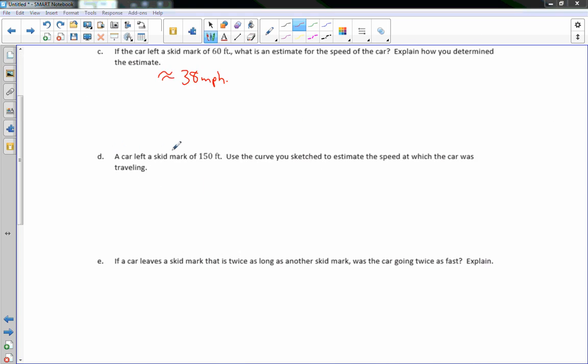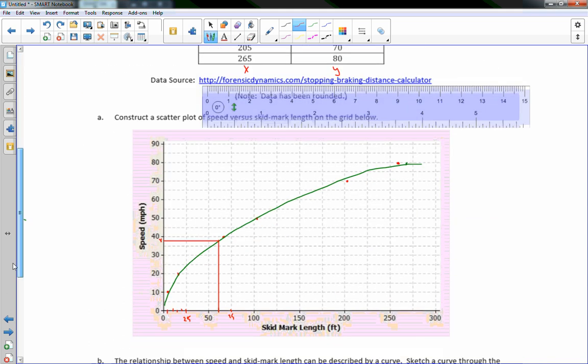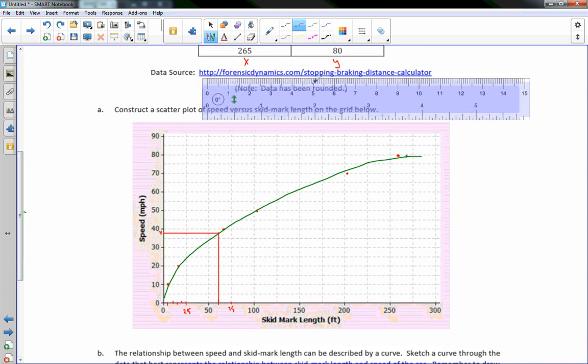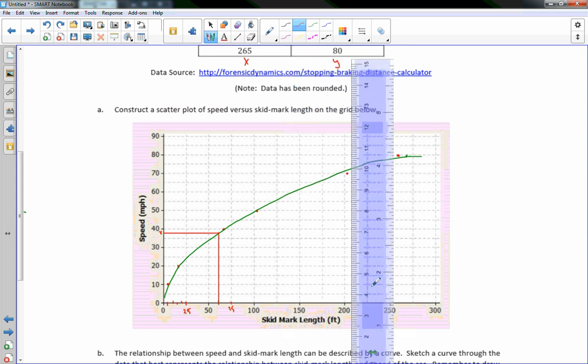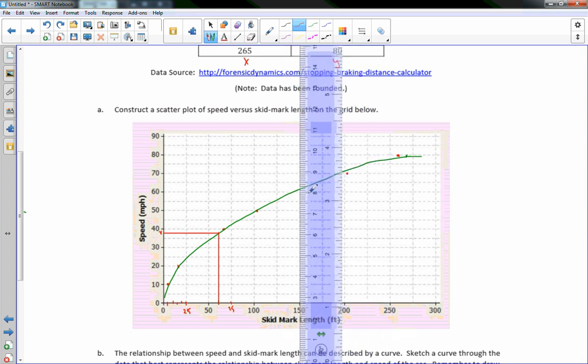D says a car left a skid mark of 150 feet. Estimate the speed at which the car was traveling. So 150 feet this time. I'm going to bring my ruler back down, bring it vertical, go over to 150, which is right here.